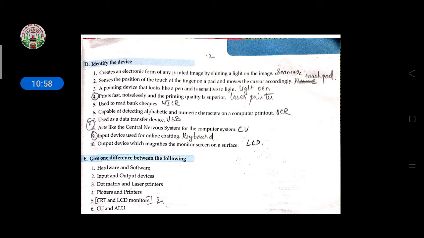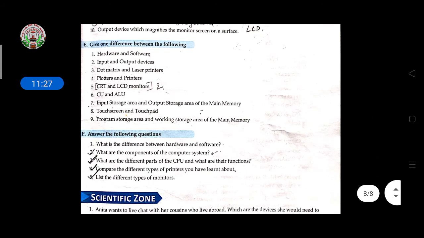Capable of detecting alphabetic and numeric characters on a computer printout: OCR. Used as a data transfer device: USB. Acts like the central nervous system of the computer system: control unit. Input device used for online chatting: keyboard. Output device which magnifies the monitor screen on a surface: LCD projector.